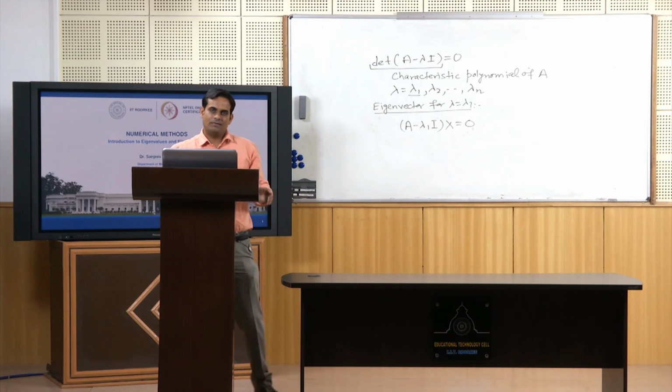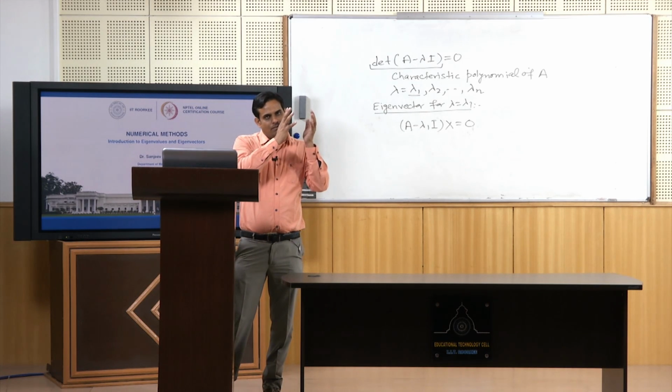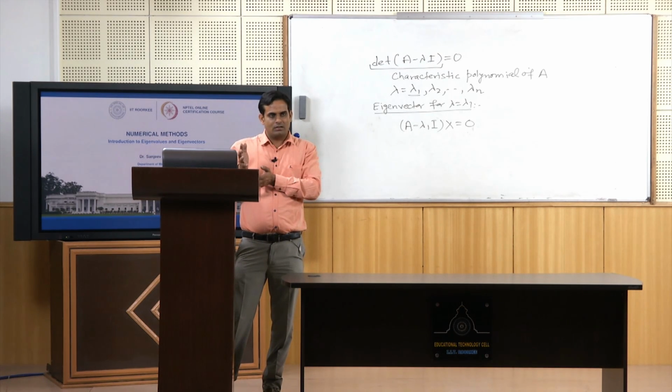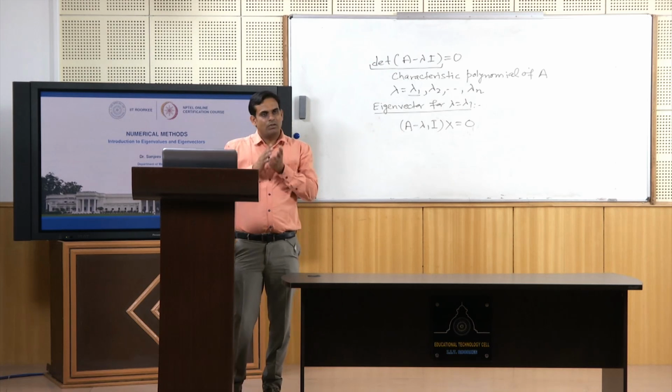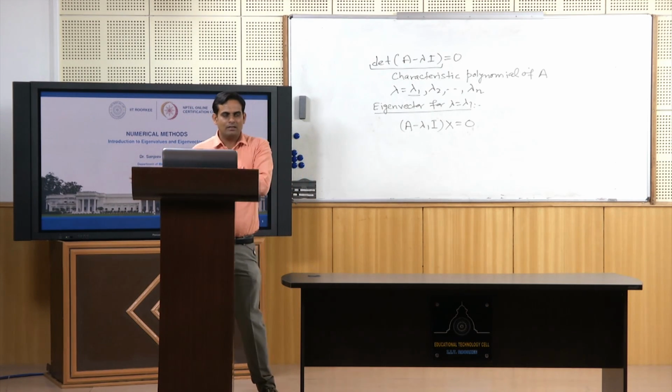Okay? So, if we have a matrix and we apply this matrix on a set of vectors, for some of the vectors it will change the magnitude as well as the direction.